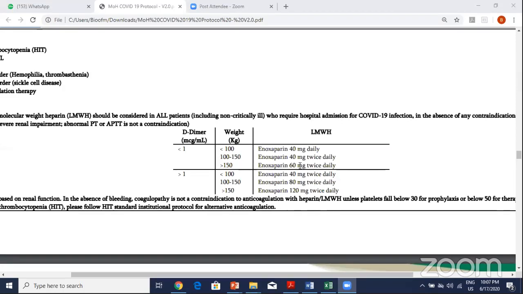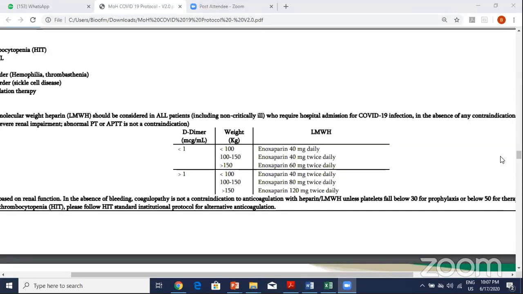If there is acute renal impairment and creatinine clearance less than 30, or the patient is anuric or on dialysis, we will shift to heparin according to our protocol. If there is any contraindication to heparin in general, low molecular weight or unfractionated heparin, like HIT, you can use other agents like apixaban or bivalirudin if we are using it as treatment, or argatroban.